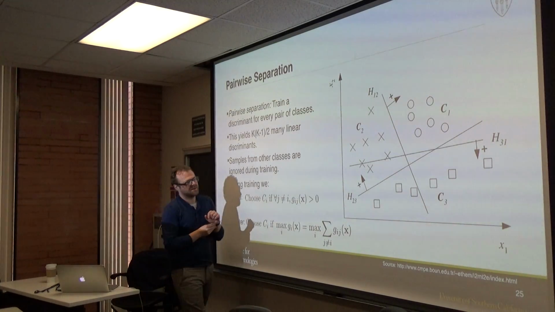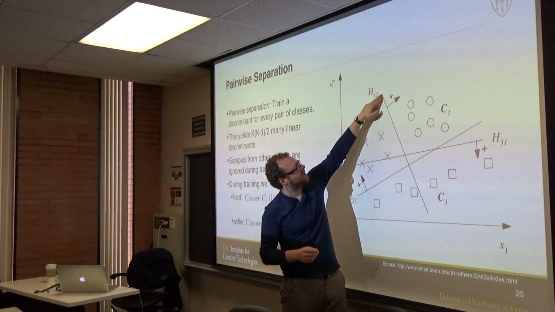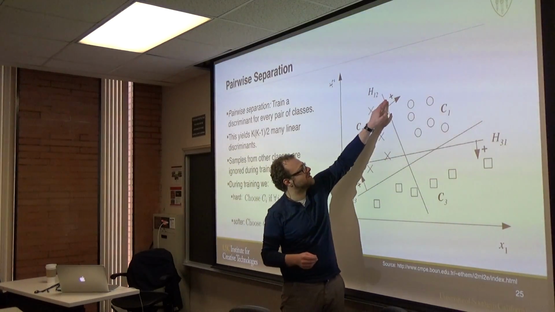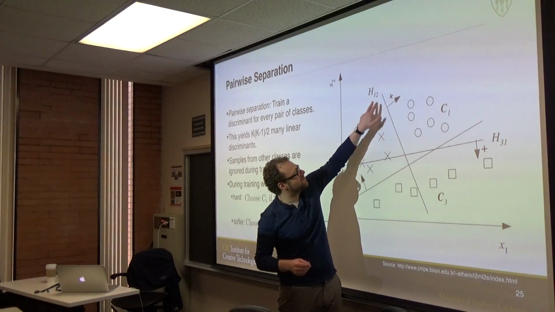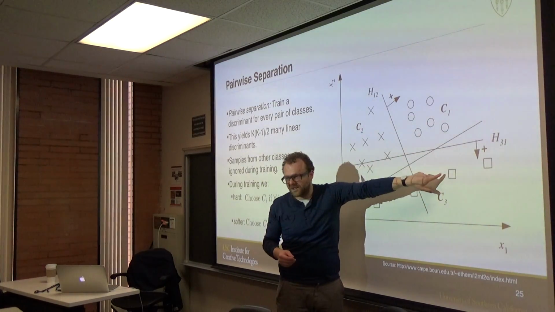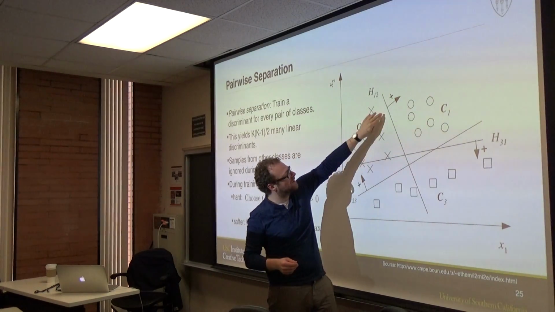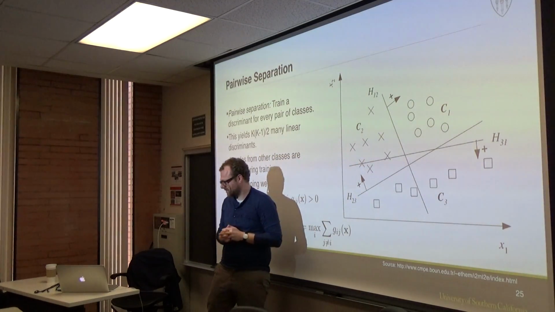For example, in this case, to learn the separation between class 2 and 1, H1,2 is between those two. You ignore all the data points down here, okay? Because otherwise you would have these points fall on that side again, okay?